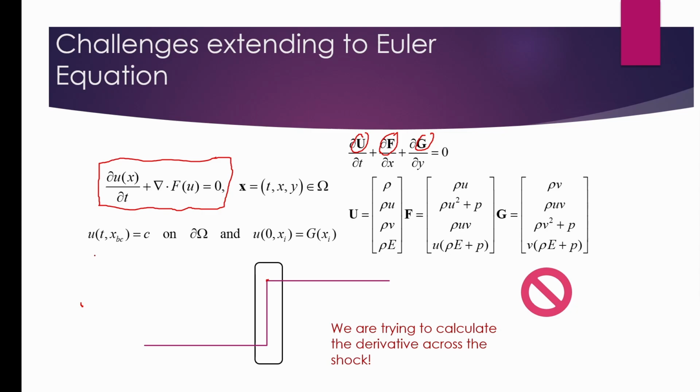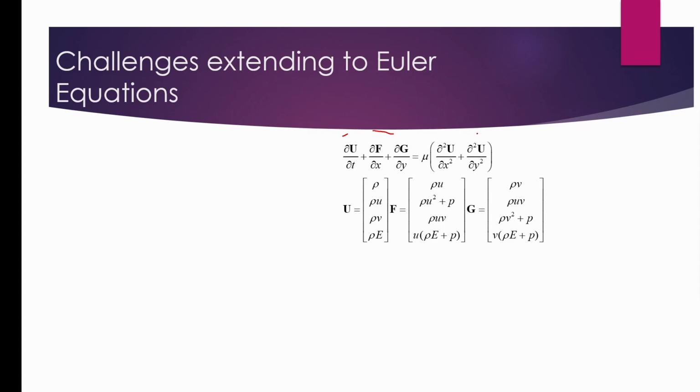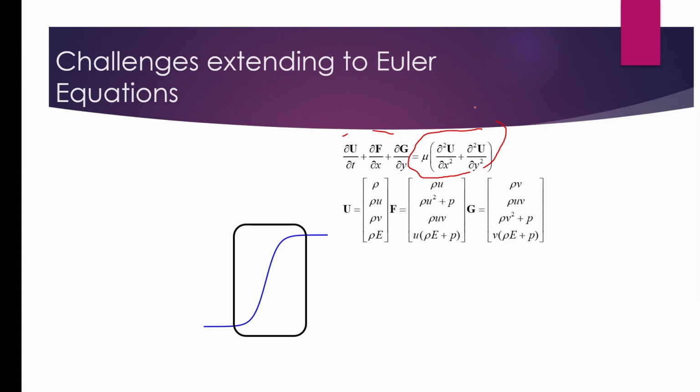So what we do is try to smoothen the shocks a little bit by adding some viscosity to the Euler equation. So this is the viscous part. It looks like the Navier-Stokes equation, but this term is not explicitly the same as the Navier-Stokes equation. But for incompressible flow, the viscous parts are more or less the same.